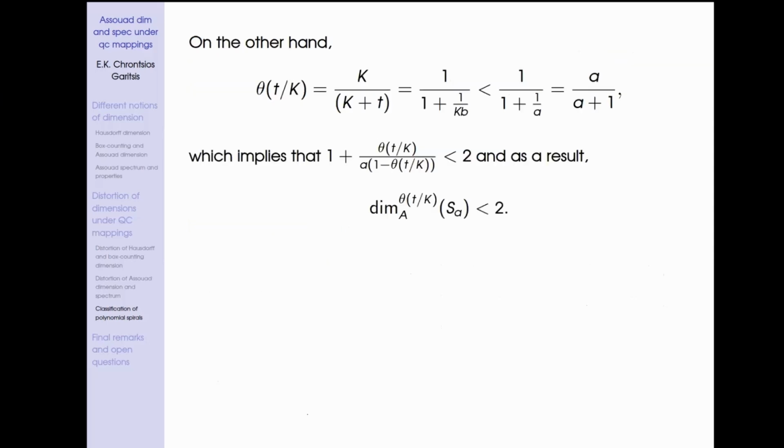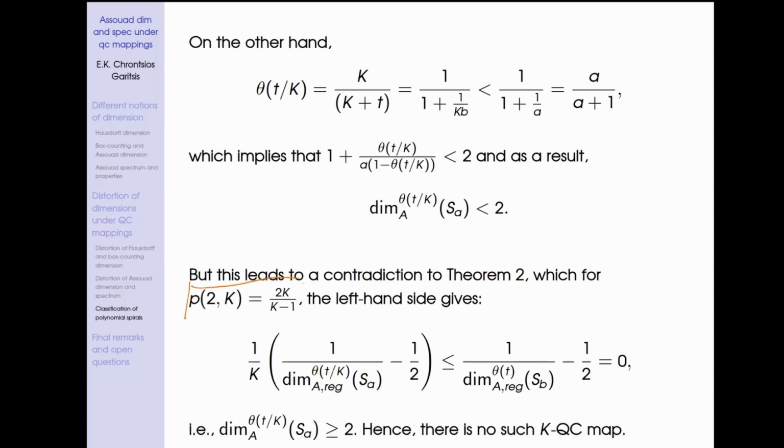At the same time, the spectrum in our theorem for SA would be the theta of T over K spectrum. And if we plug this in, we get something that is strictly less than the phase transition for the spectrum of the spiral SA. So we have that this spectrum is strictly less than 2. But if we plug in Assouad's formula in our theorem, we get that basically this cannot happen. We get on one side the theta of T spectrum of SB to give 0, and this is a strictly non-zero quantity. So there's a contradiction. There can be no such quasiconformal map.